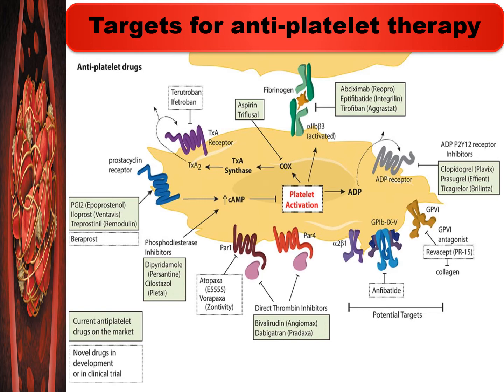Also, we can say the P2Y12 receptor inhibitors. Examples of drugs that inhibit this are clopidogrel, prasugrel and ticagrelor. These drugs inhibit the ADP receptors.